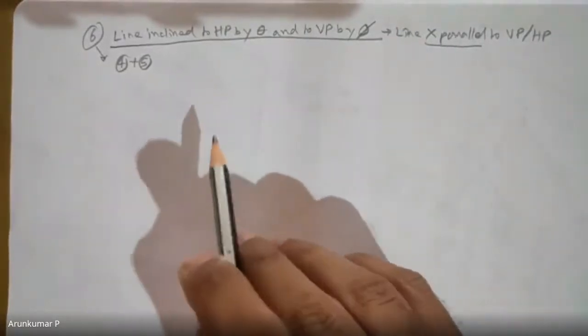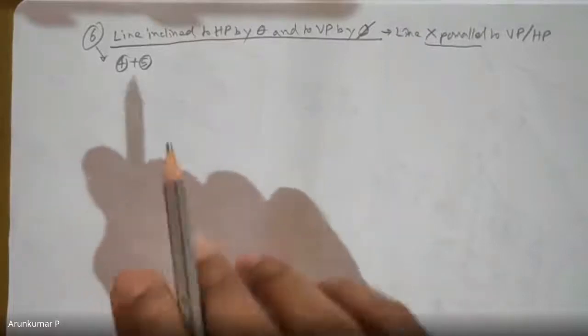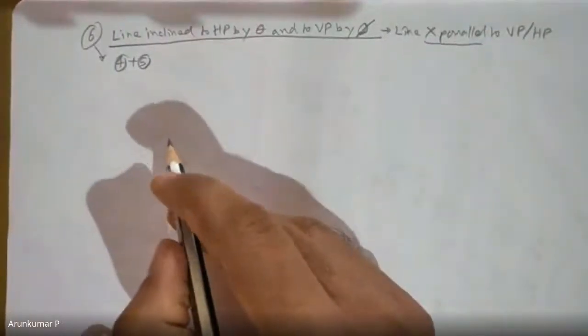Okay, now I think the screen is clear. Now I'll show you this particular case. Please observe carefully. It is a combination of the fourth and the fifth case. So here I'll draw the same VP and HP.